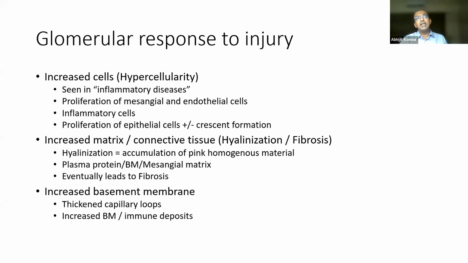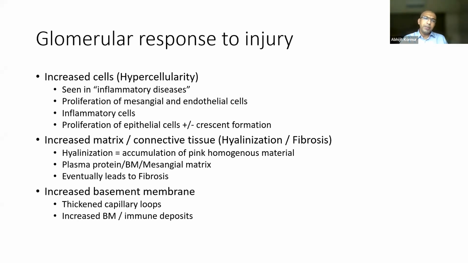If the inflammation is very strong, then there is breakage of the capillaries and a leak of plasma into Bowman's space, the urinary space. This irritates the epithelial cells, producing hypertrophy of the visceral epithelial cells, and also ingress of macrophages, which typically leads to crescent formation.